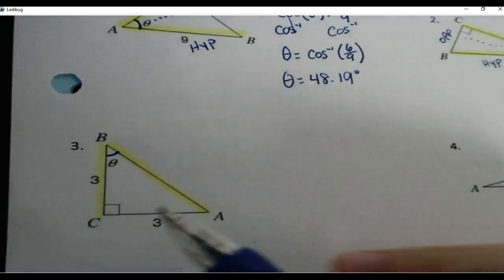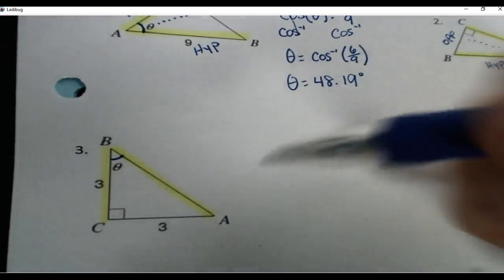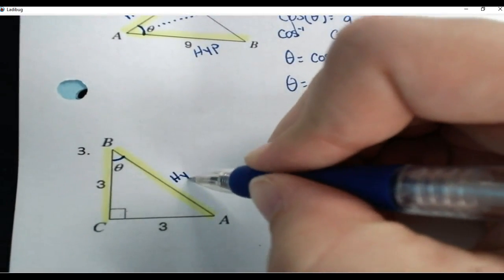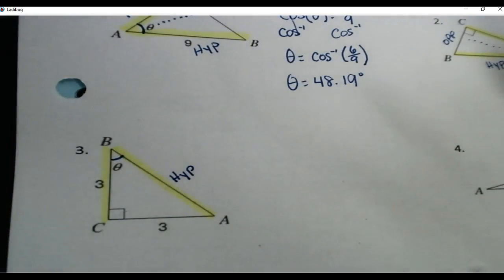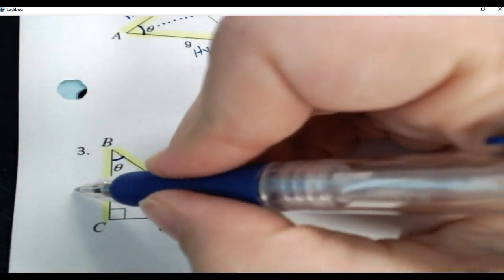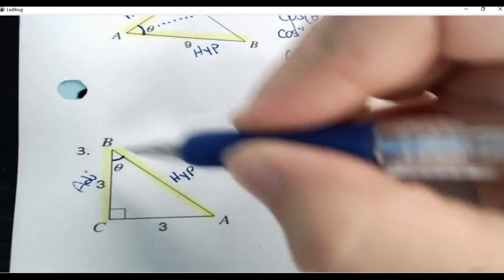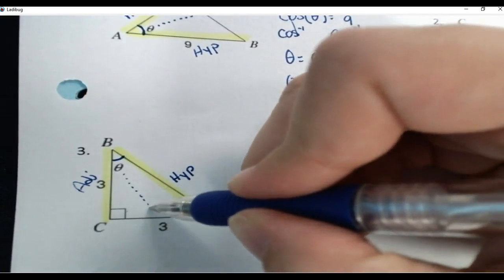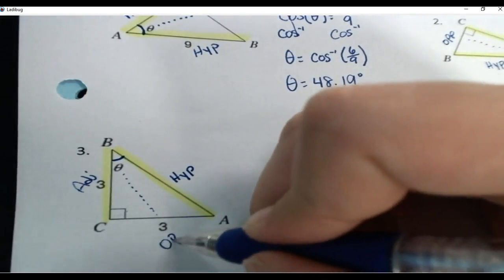Okay. And then we're labeling. We got our right angle, across from it is our hypotenuse. Our other highlighted side is adjacent. And then across the triangle, never highlighted, is opposite.